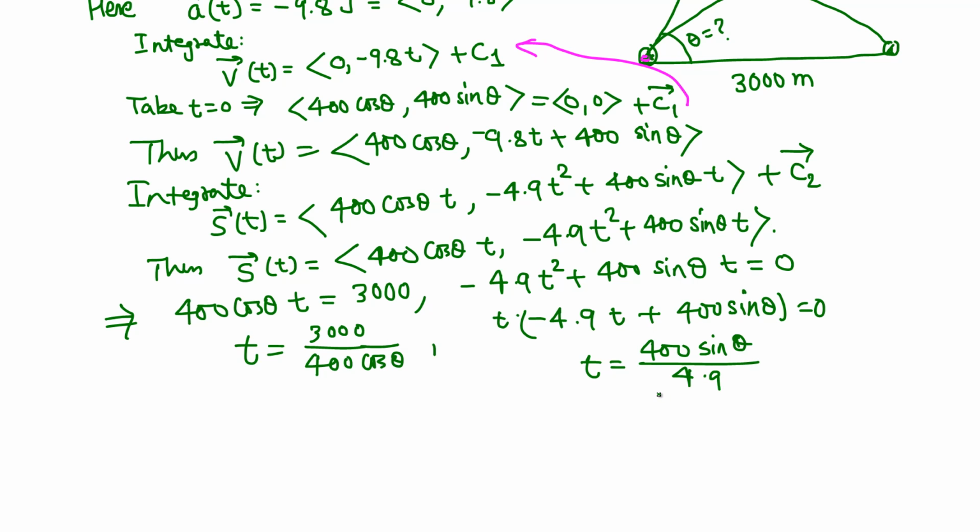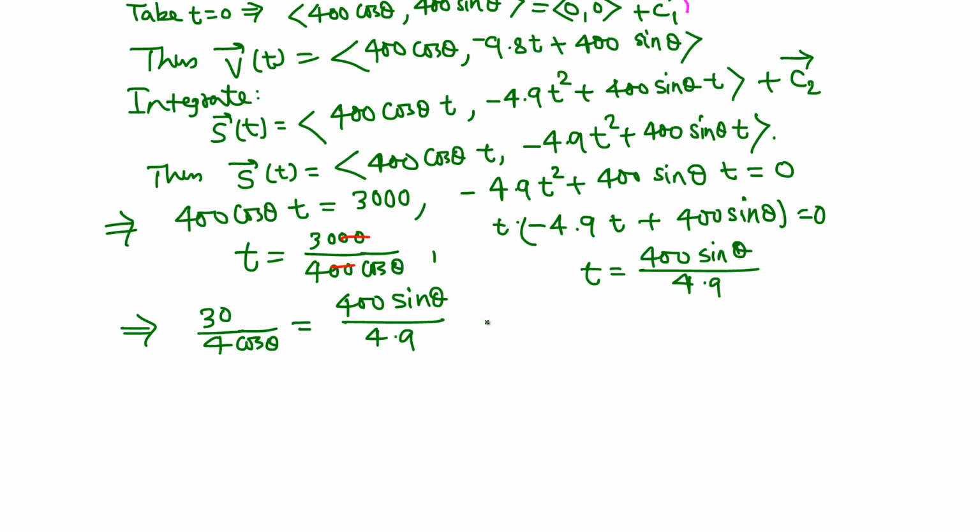These two times should be the same when it is at the ground, because we are getting these two from the same place. So 3000 over 400 simplifies a little bit: 30 over 4 cosine theta is equal to 400 sine theta over 4.9. From this trig equation we should be able to get the value of theta.